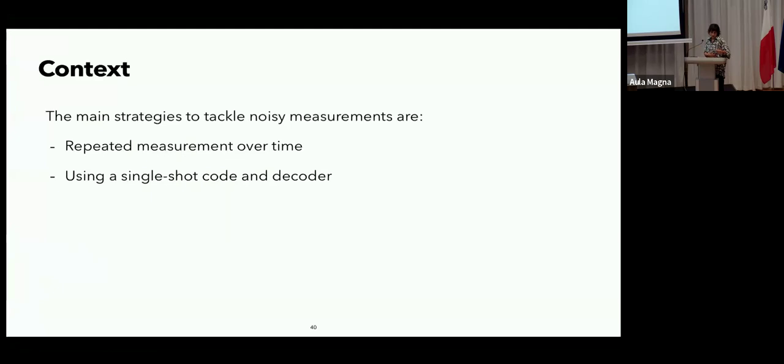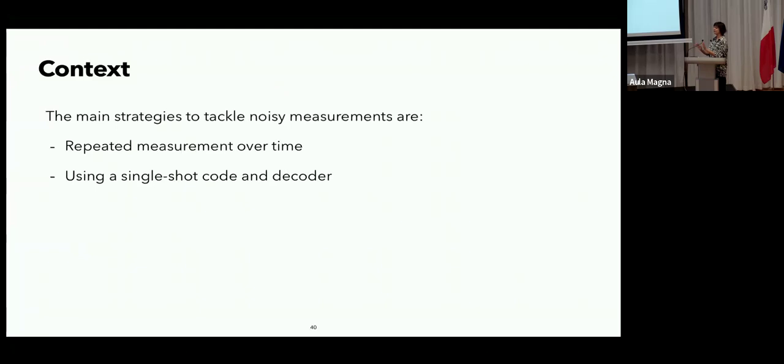So what I'm saying is that in the single shot picture, I'm asking you to find a code and the decoder, always together. Before, I wanted to give you measurements and I wanted you to give me back a recovery operator. This time around, I say, look, I give you some measurement.